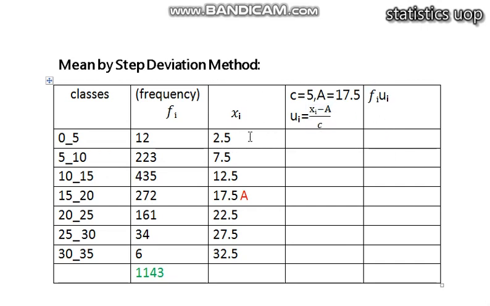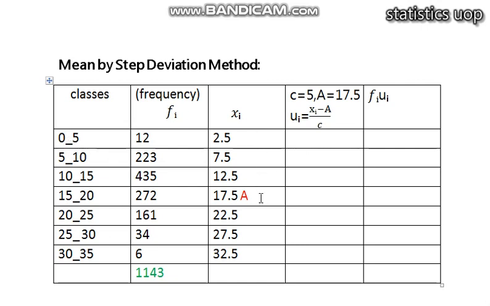This xi is the same. The ui column can be obtained by using this formula, that is xi minus a divided by c. Here a is our assumed mean, and this c is the class length, the difference between upper limit and lower limit.